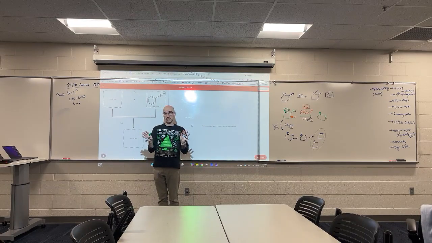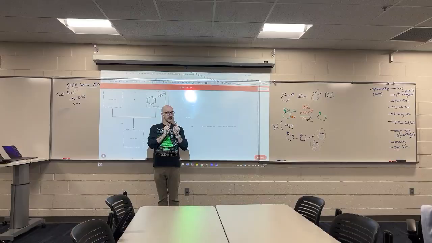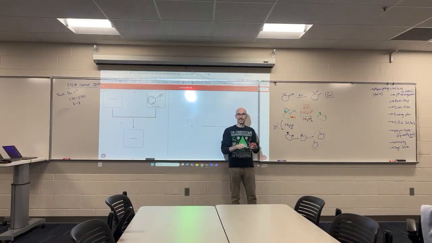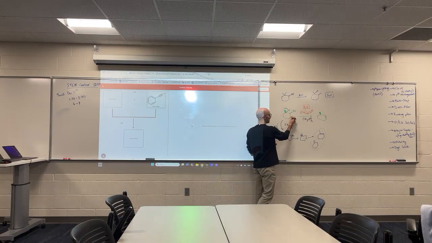Then the stereochemistry doesn't work. And methoxide, hydroxide, ethoxide are small base, strong nucleophiles. They can't get at this. So where do they go? They go to this orange one. It's the only place they can go.